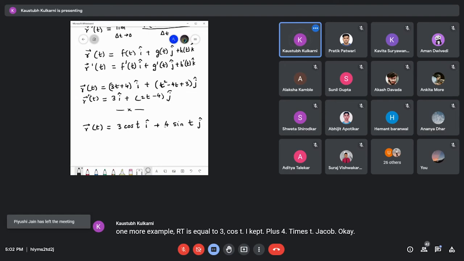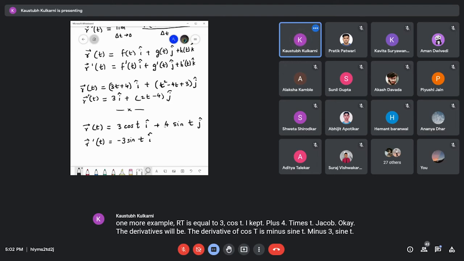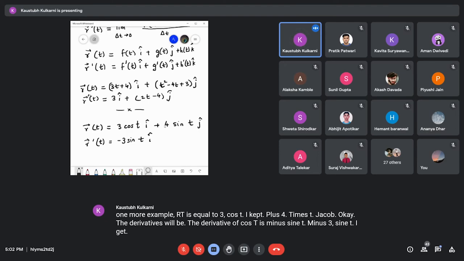So the derivatives will be: derivative of cos t is minus sin t, so minus 3 sin t i cap. Derivative of sin t is cos t, so 4 cos t j cap. Okay, any questions in this case?